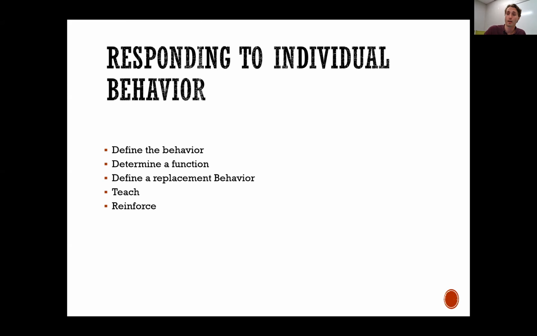This is a lot of the framework that professionals like myself use in schools on a daily basis, and that I think you all can actually use pretty well with just a basic understanding of it. So the 5 steps, when you have an individual student that's engaging in a behavior that is really hard to manage: define the behavior, determine a function, and I'll talk about what that word function means, define a replacement behavior, teach the replacement behavior, and then reinforce the replacement behavior.